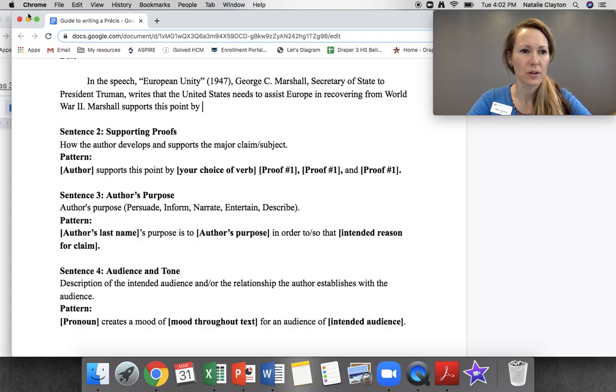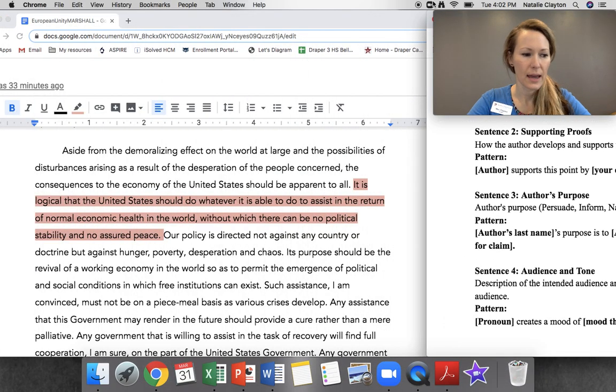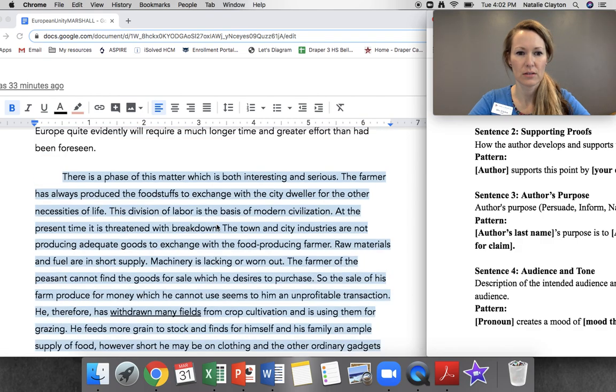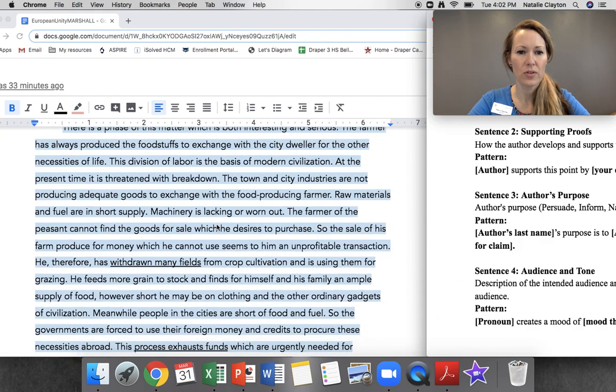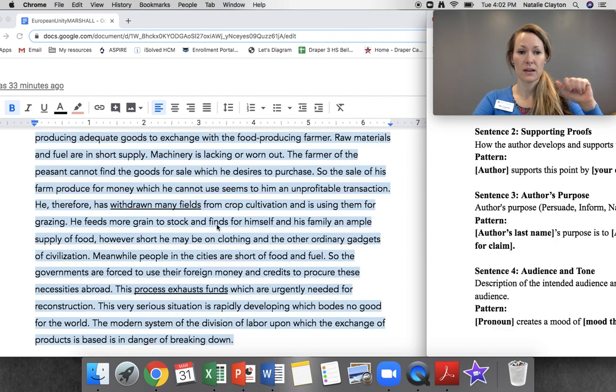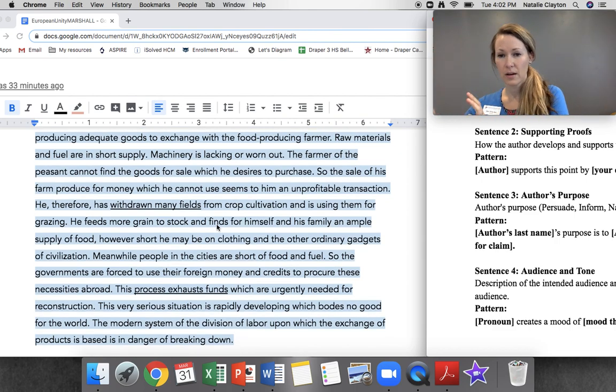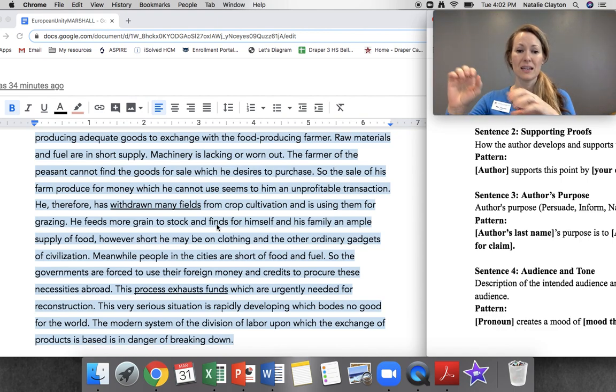Let's go back really quick now and look at the blue section. We've got all this stuff that shows that there's some tough times in Europe, where we've got the farmers that are withdrawing their fields and not able to help those in the city. And then we've got this process that exhausts funds.